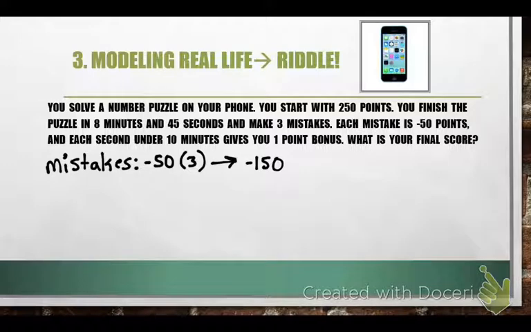Now, there was a way for us to get some positive points added to our score. What was that? 1 point for every second under 10 minutes. Okay, every second that we did under 10 minutes. What was our time that we finished the puzzle? 8 minutes and 45 seconds. That means I gained some time. How much time did I gain in doing this? 1 minute and 15 seconds.